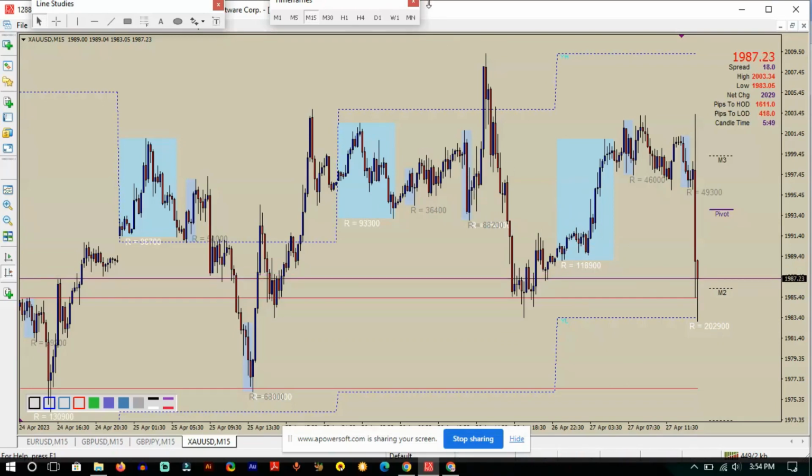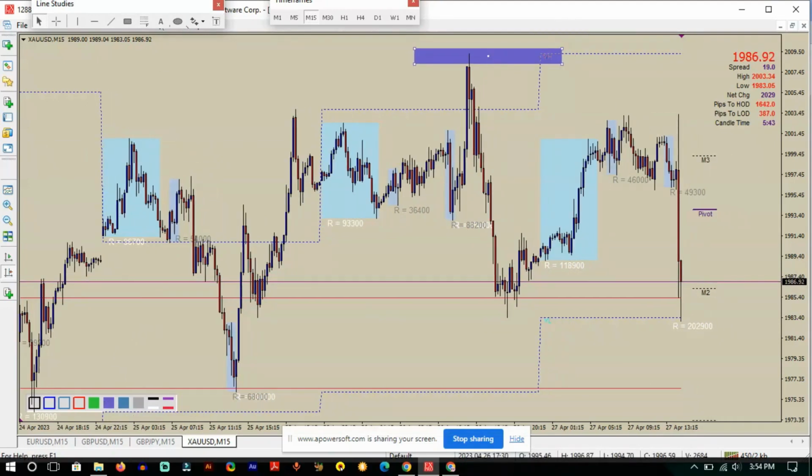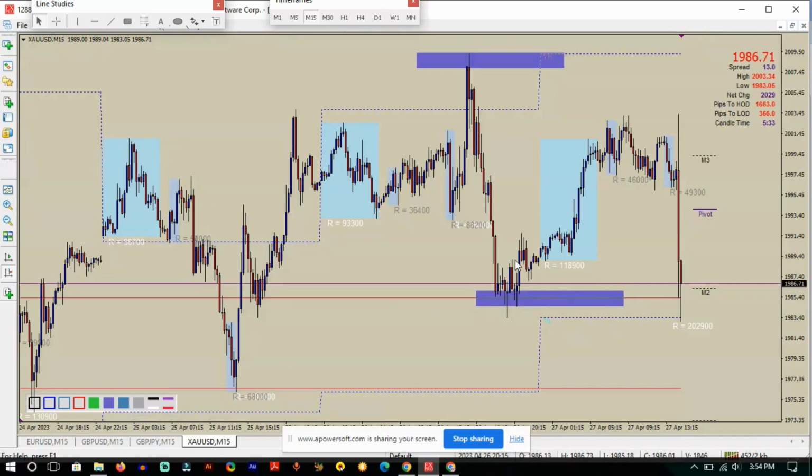Now you can see that yesterday we had this high over here, that point up there, and then we have yesterday's low, which is here. So you can see that today the market was moving up, but then ask yourself, where is it going?